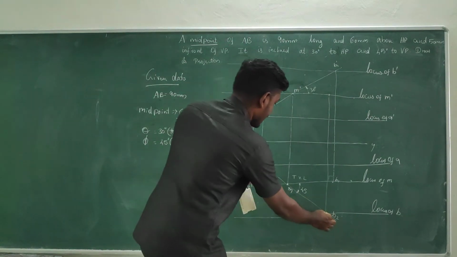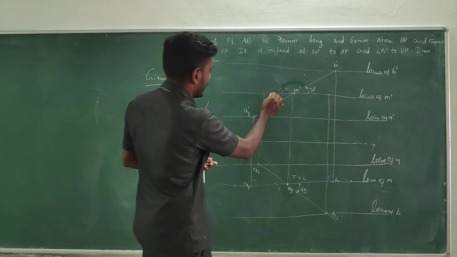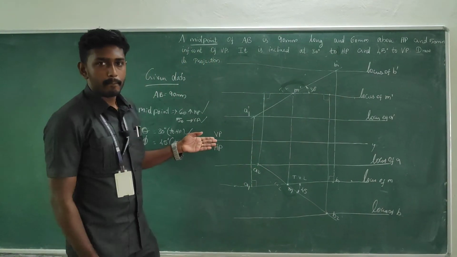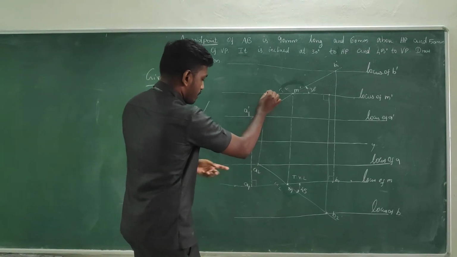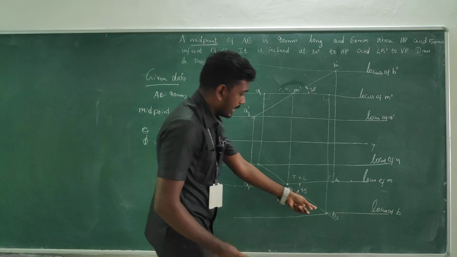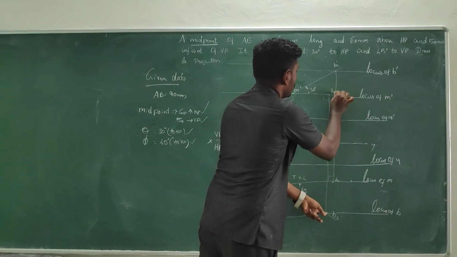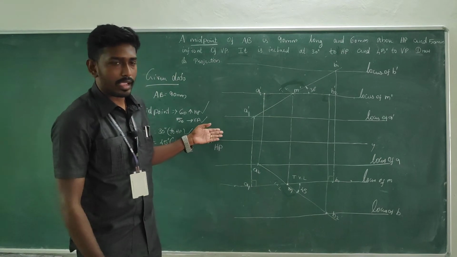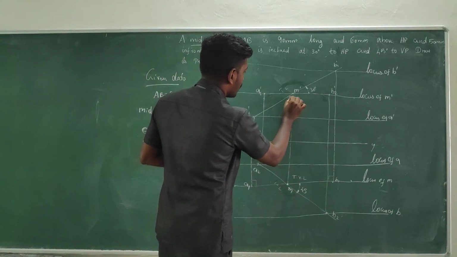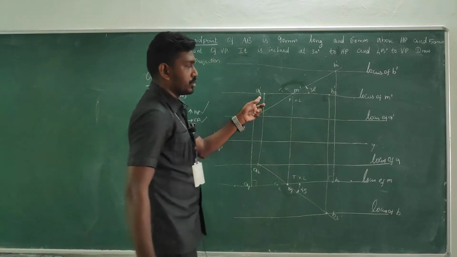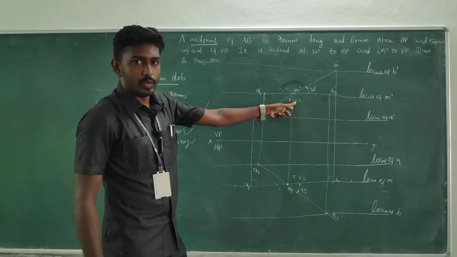We have taken from A2 and B2 something like this, 90 degrees to the locus. So this will be A2 dash and this would be B2 dash. This is the front view length, A2 dash to B2 dash.